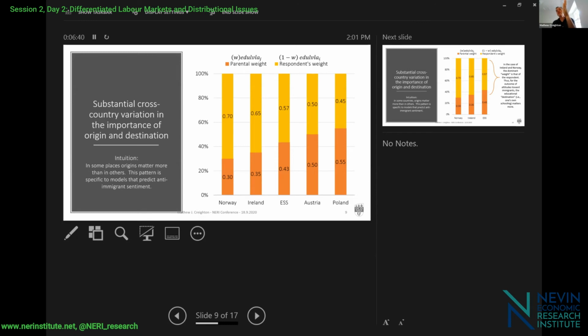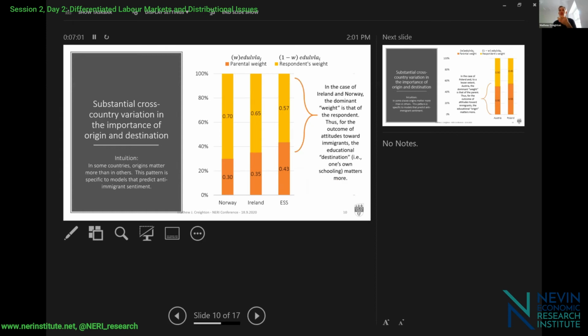But you can look in some contexts like Norway or Ireland, and the respondent's education, in other words, our own education, regardless of where you end up, carries a lot of weight. In other words, the other attributes of us are more substantive in predicting attitudes towards immigration. That would be Norway, Ireland, and then the ESS also.